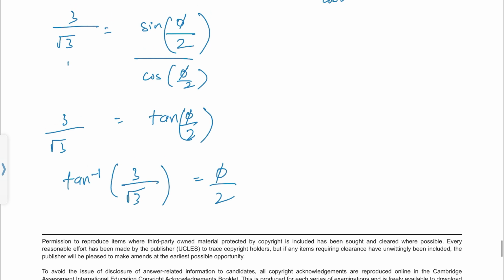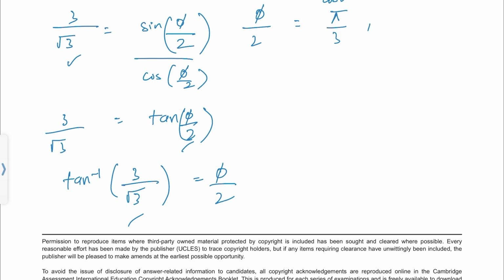This would be 3 over root 3 equals tan phi over 2. This is okay. Since this could be in first and third quadrant, we get tan inverse of 3 over root 3, which is given as pi by 3.